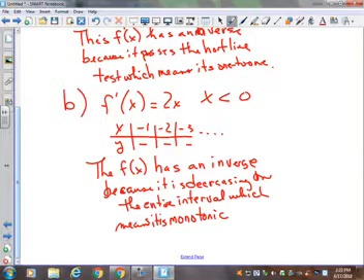Did I spell that right? Monotonic? Right? Yes. Okay.